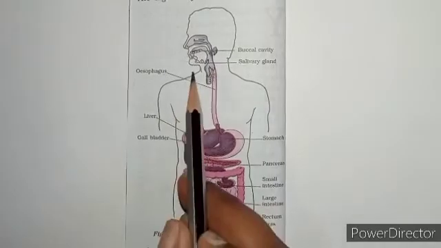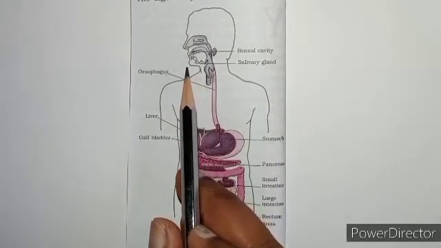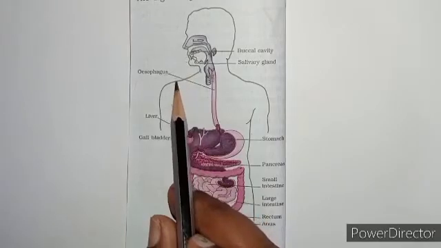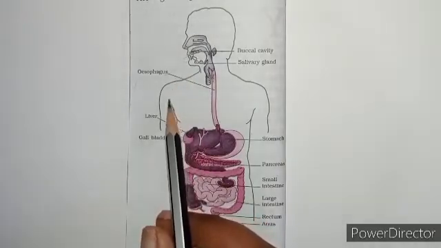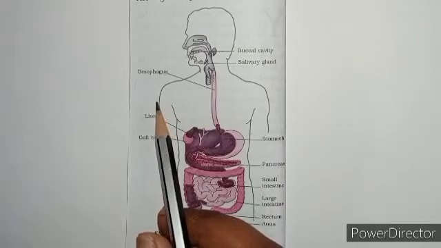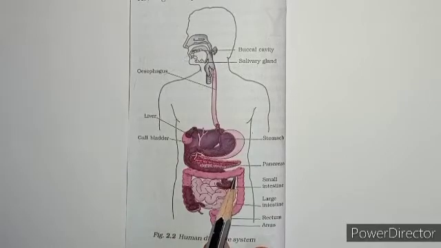Here in the mouth, each tooth is rooted into a separate socket in the gums. Our teeth vary in appearance and perform different functions also. The arrangement of teeth and the different types of teeth and their functions we have learnt in the previous class.